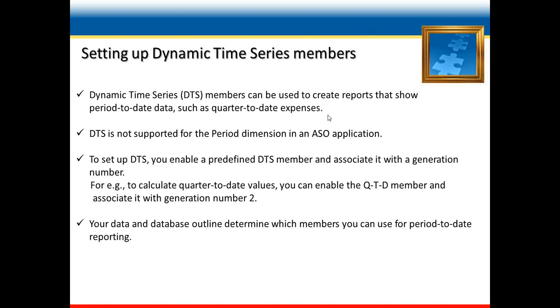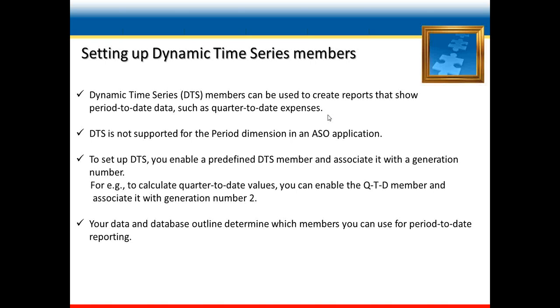To set up DTS, you need to enable a predefined DTS member and associate it with a generation number. For example, to calculate quarter-to-date values, you can enable the QTD member and associate it with generation number 2. Likewise we can calculate year to date, which depends on the QTD number, and for year to date we associate YTD with generation number 3.